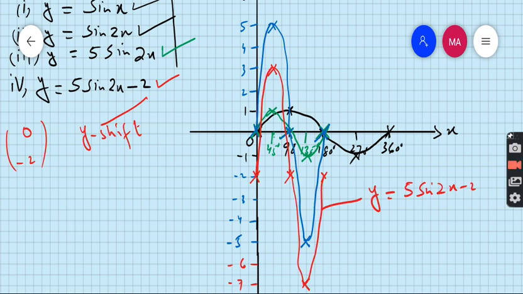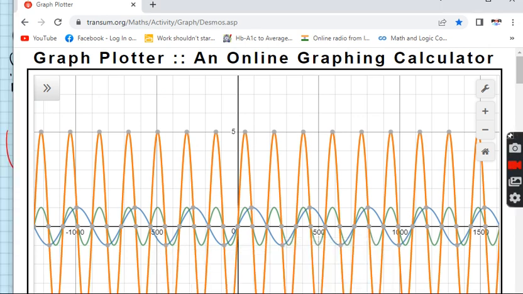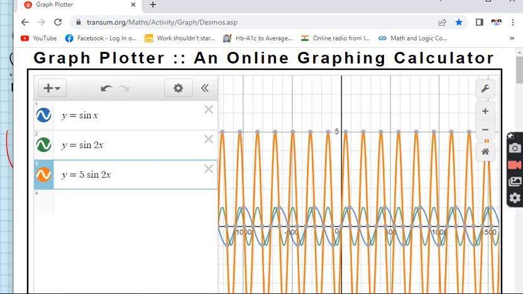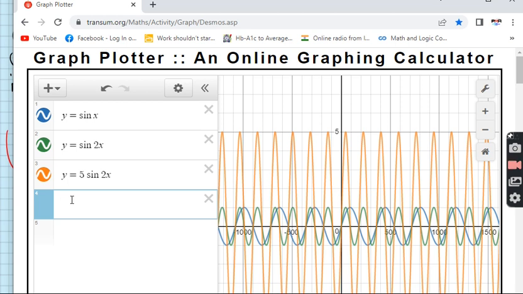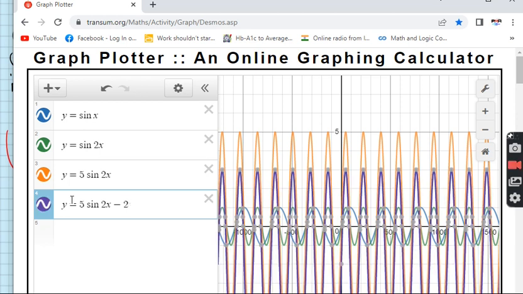And if I draw this graph on graph plotter, the fourth one, final equation, y is equals to 5 sine 2x minus 2.